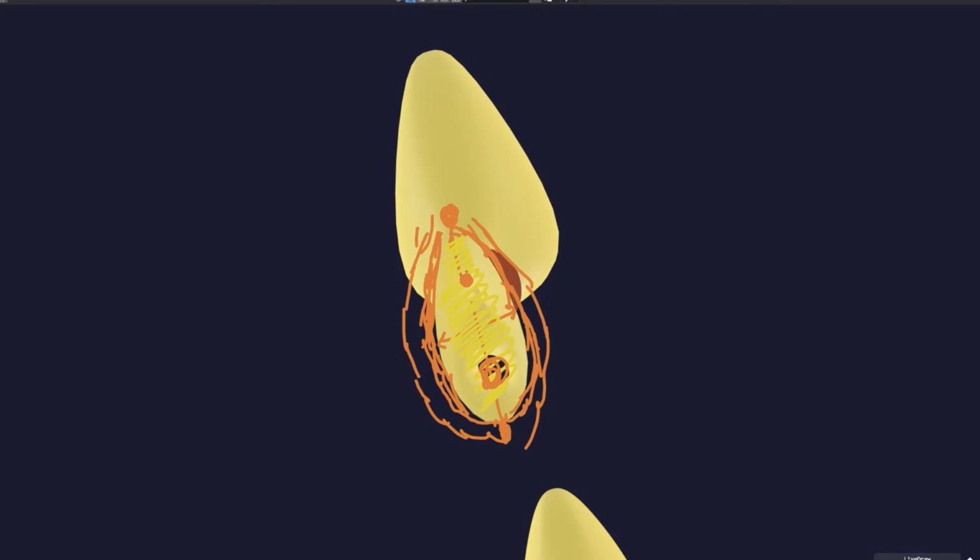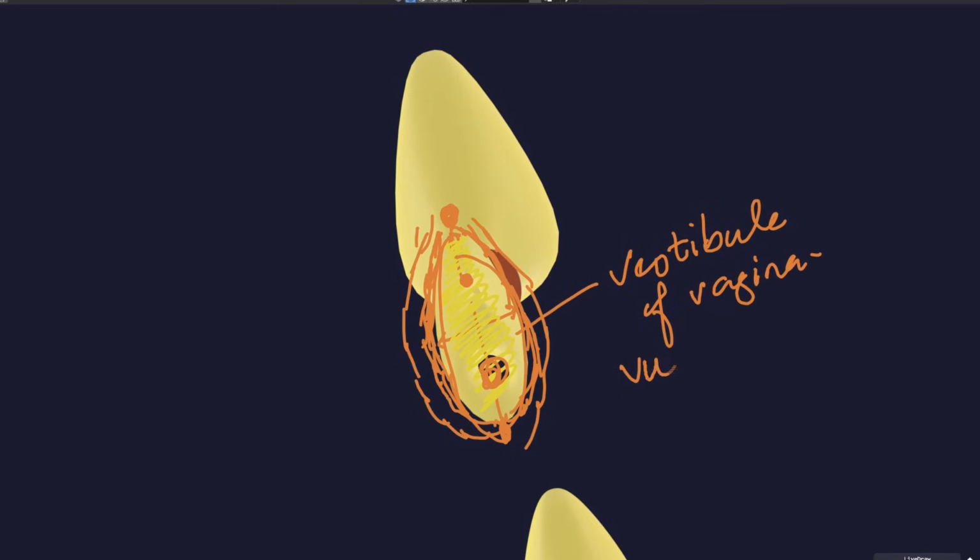This common cavity which harbors the urinary opening and the vaginal opening is called the vestibule of the vagina, or the vulvar vestibule.